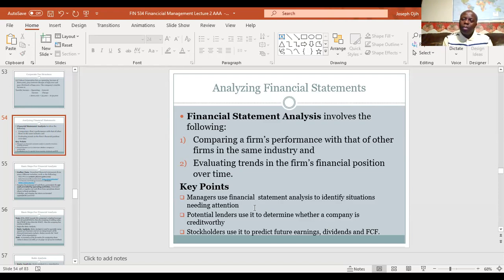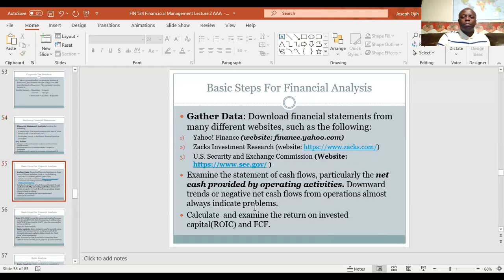So if the analysis result tells us that this is a good company, then if you have the money, you buy the stock and hold. I'm always an advocate of buying and holding, value investing, let me put it that way. So these are the things that we get from financial statement analysis.